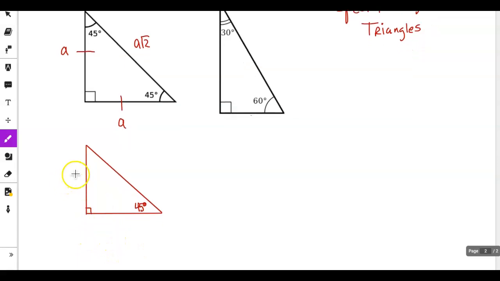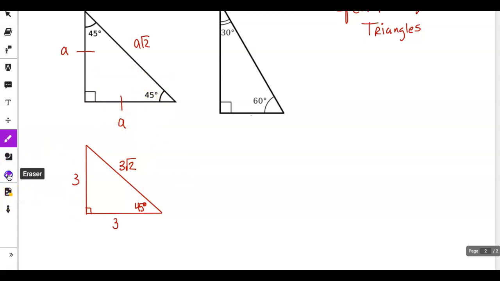Let's say this leg right here is 3. Then by this formula, the other leg is 3, and the hypotenuse is just 3 times the square root of 2. So hardly any math involved there. You can just use the little trick.